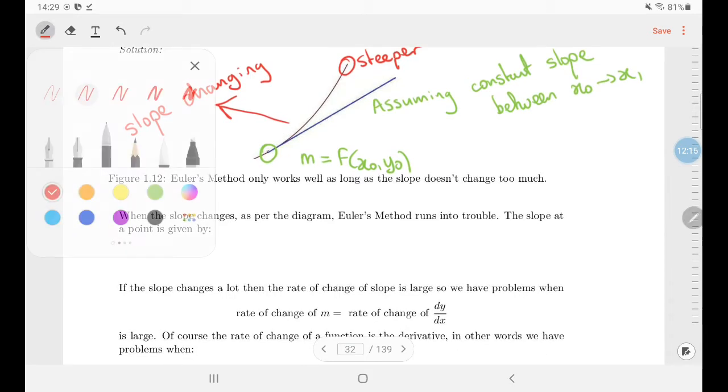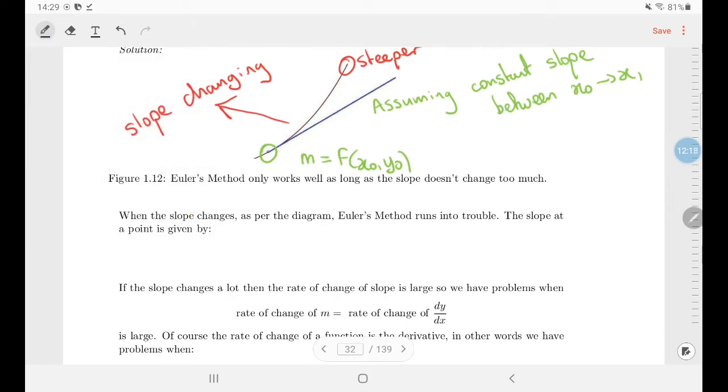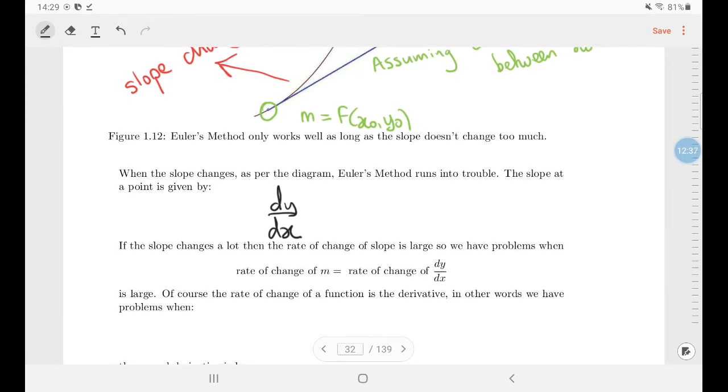The slope at each point is given by dy dx. Okay, so if dy dx changes between x0 and x1, or between xi and xi plus 1, Euler's method is going to have errors. And the bigger that change in slope, the bigger the error. If the slope changes a lot, then the rate of change of slope is large.